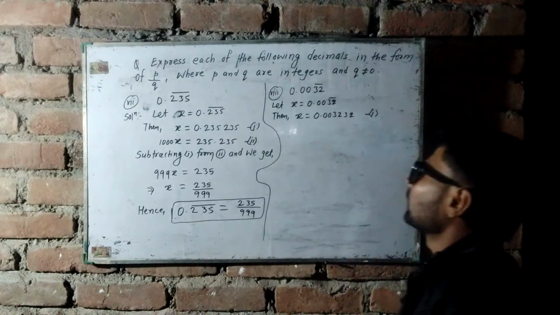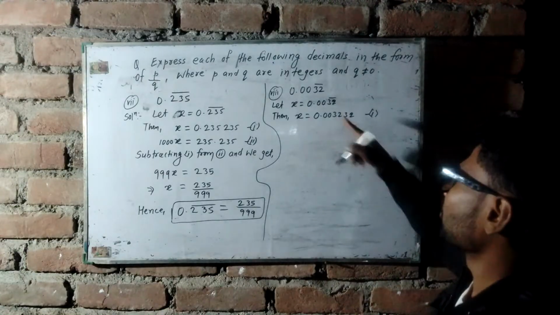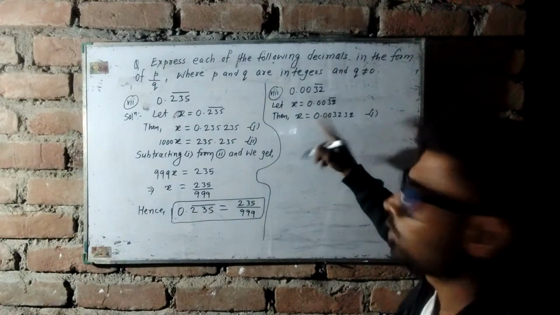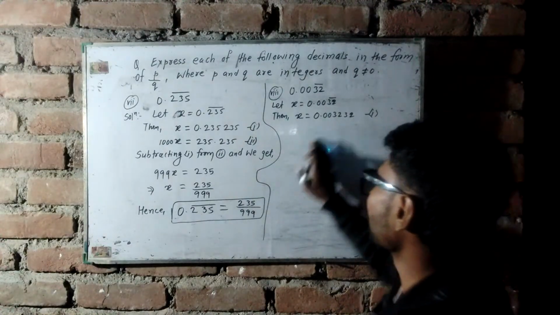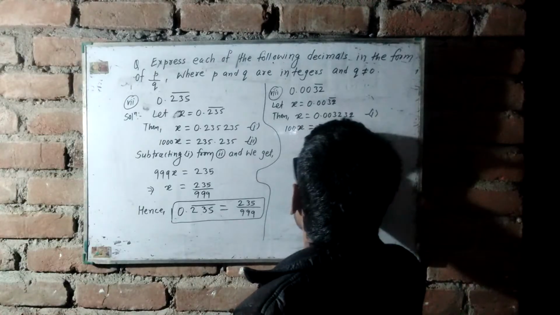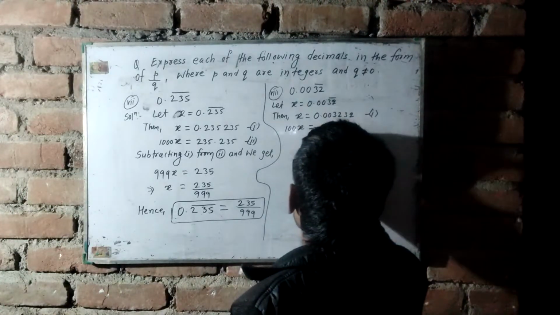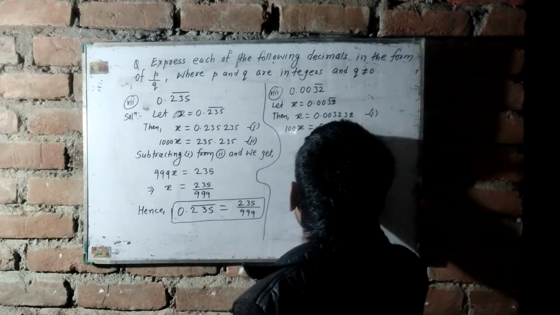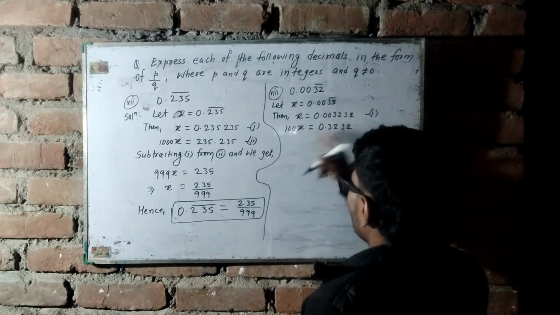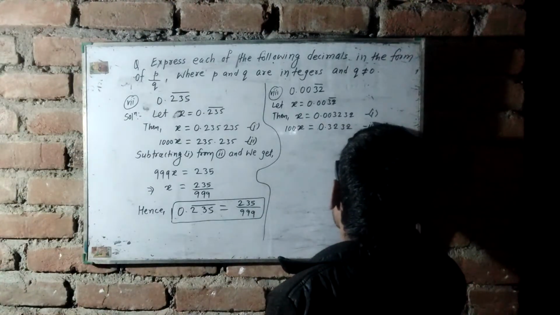We can see here the repeating digits has only two digits, 3 and 2. So we multiply both sides of equation first by 100 and we get 100x is equal to 0.3232. Let this expression be equation second.